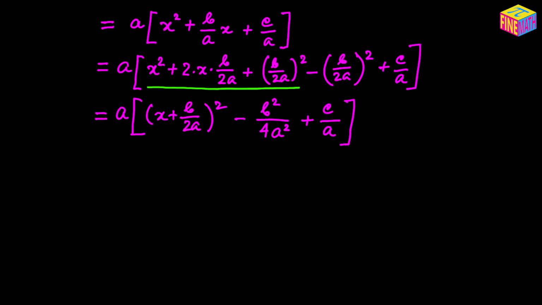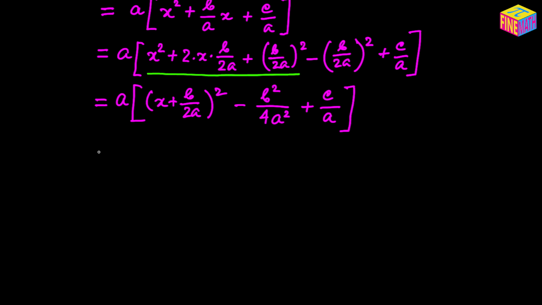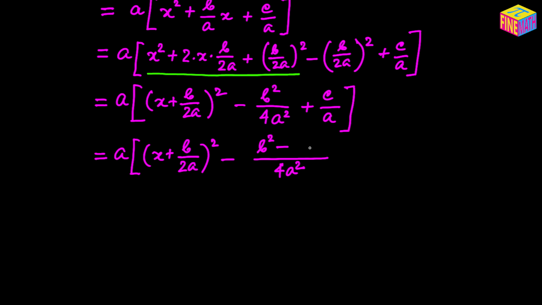Let's simplify a little further, and so this will be equal to a times, we have x plus b by 2a whole squared minus, let's take the LCM here, LCM would be 4a squared, and it will be then b squared minus, because we have a minus sign outside of this fraction, so the c by a term will become negative, so then it will be 4a squared by a, that would be 4a, so 4a times c, that would be 4ac.